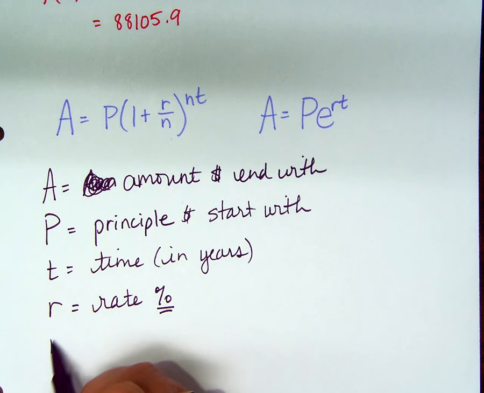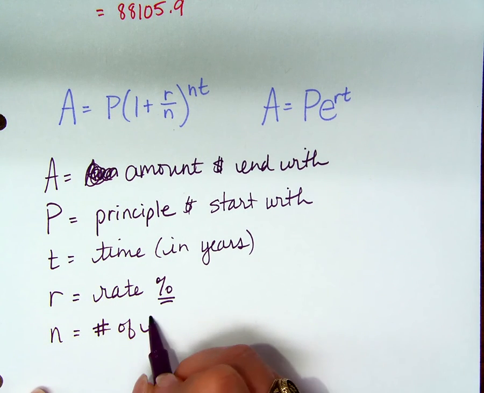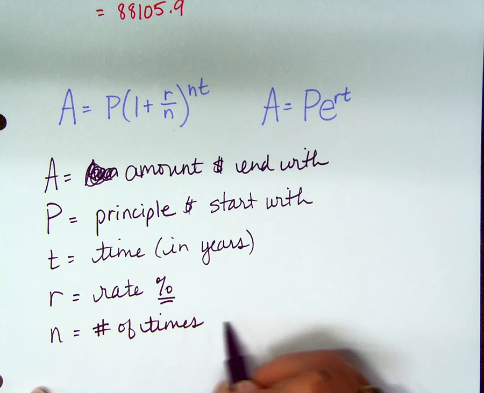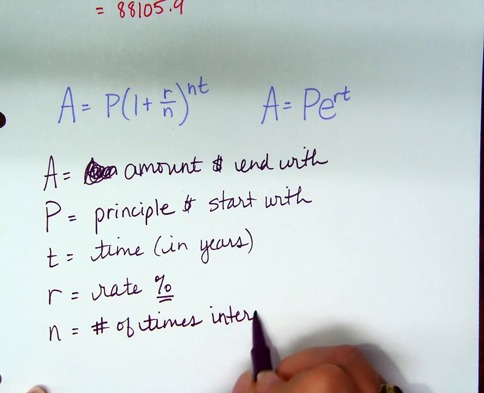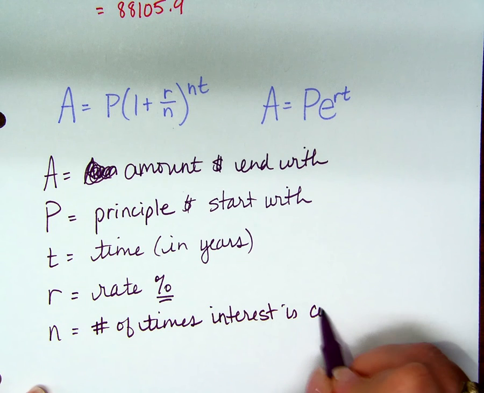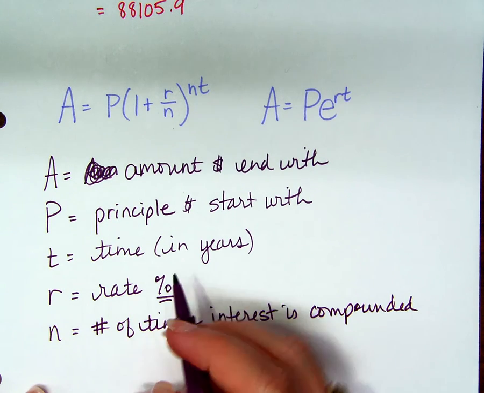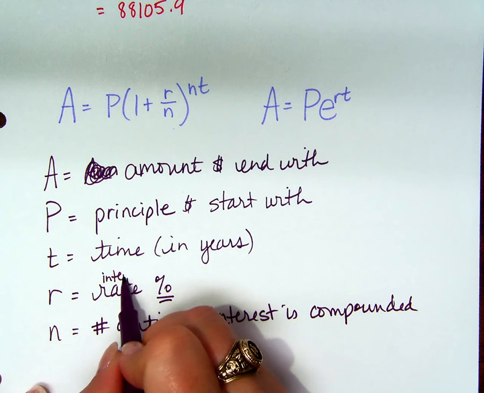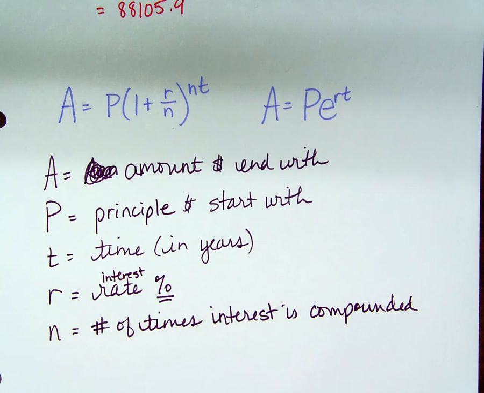And we'll go ahead and define that just so we have that. It's the number of times the interest is compounded. I said R was rate. It's the interest rate. Okay, so it's the number of times this interest is compounded.